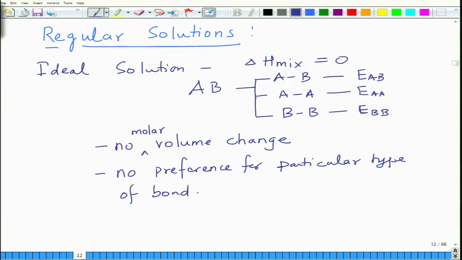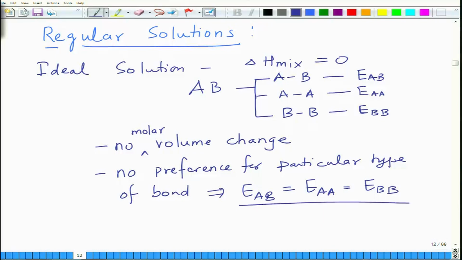So, the probability of having an AB bond is the same as the probability of having an AA bond, which is the same as the probability of having a BB bond. What it meant was basically EAB is equal to EAA is equal to EBB. So, all three bond energies are equal to each other.